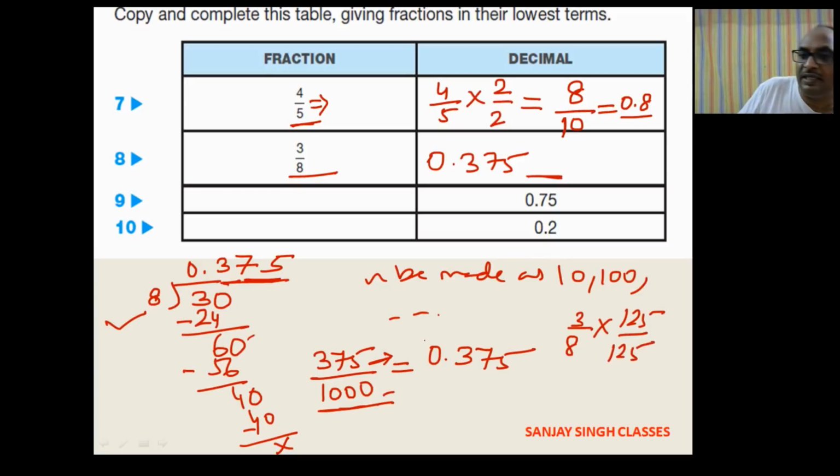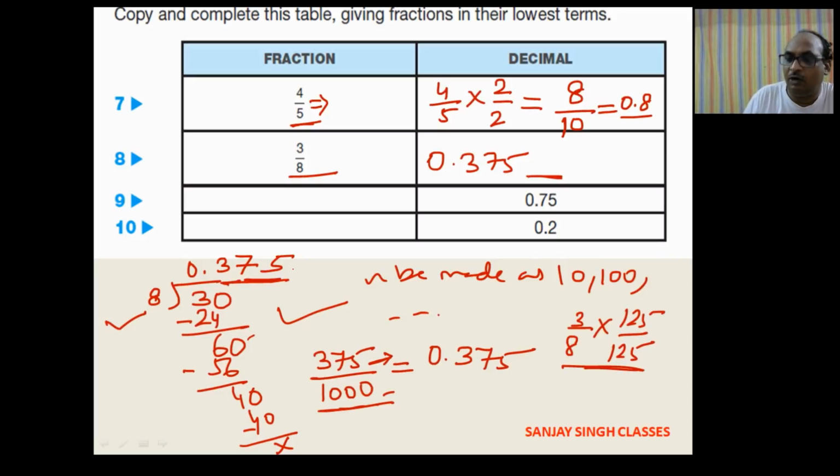We need to be a little more calculative if we want to multiply with a bigger number. With a smaller number you will be able to multiply, but for a bigger number you have to think a little further. So it's better if you go for the long division method, you will be able to convert it into a decimal number. That is the way we are converting it into a decimal number.